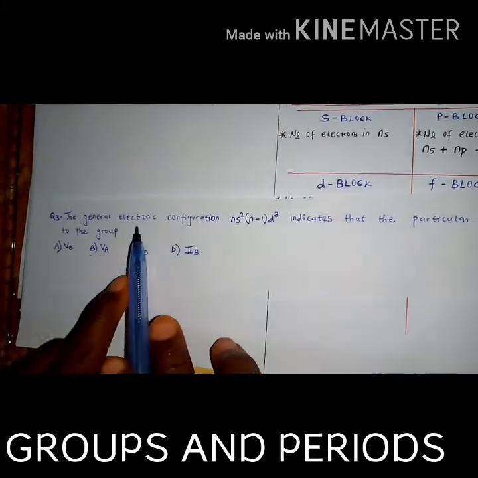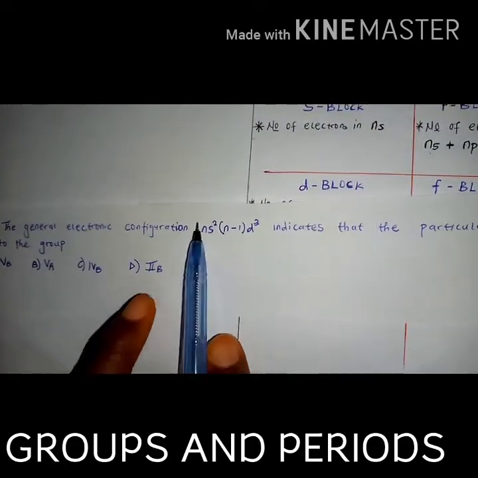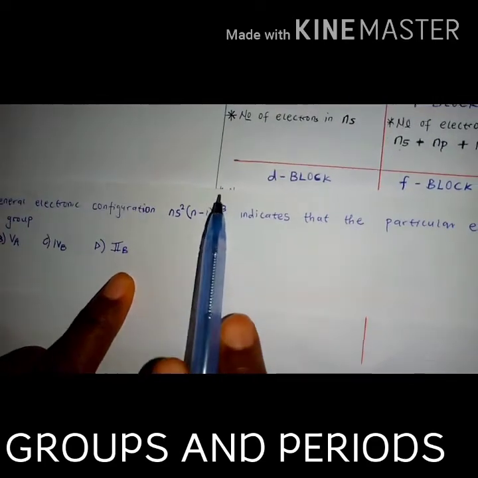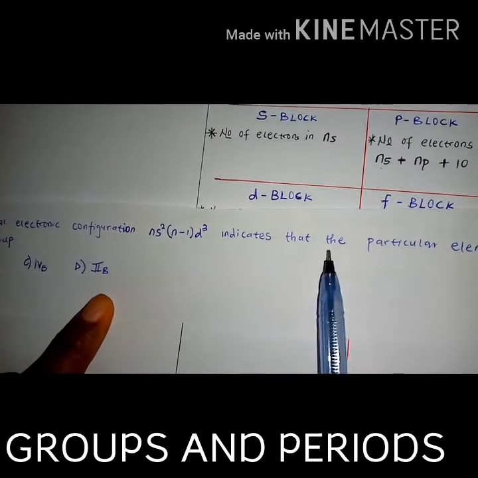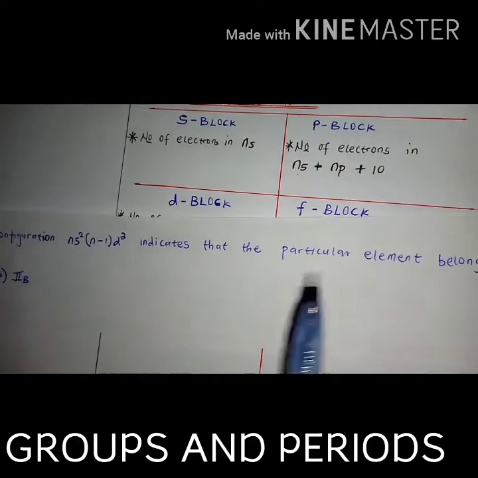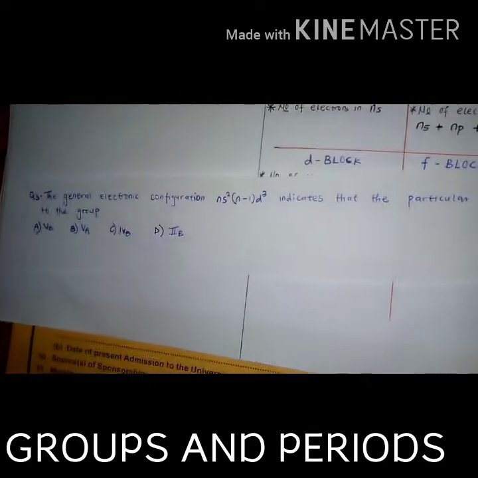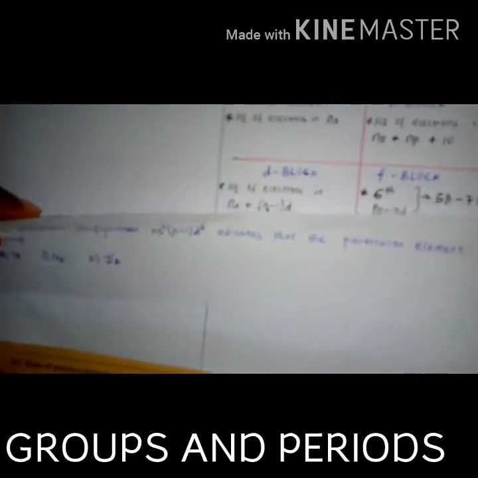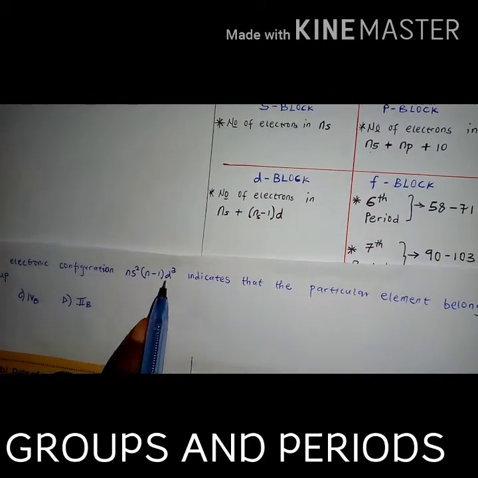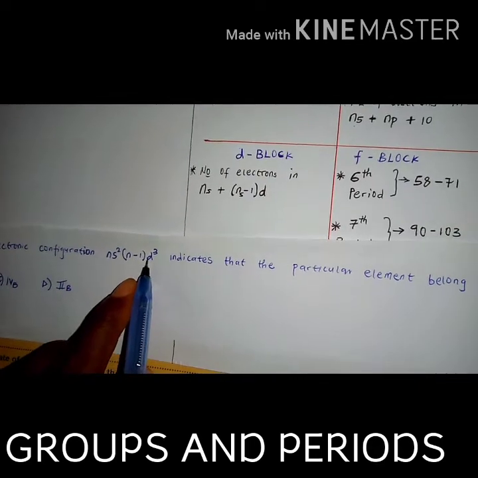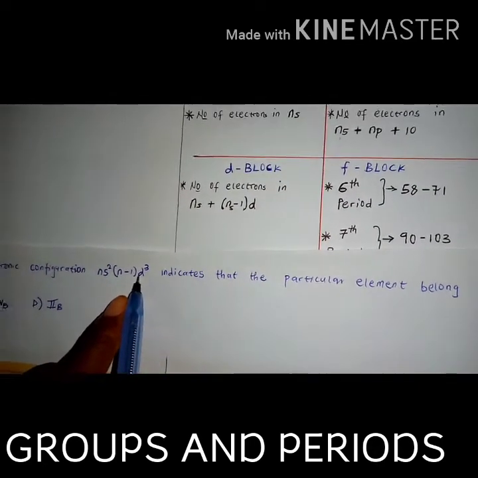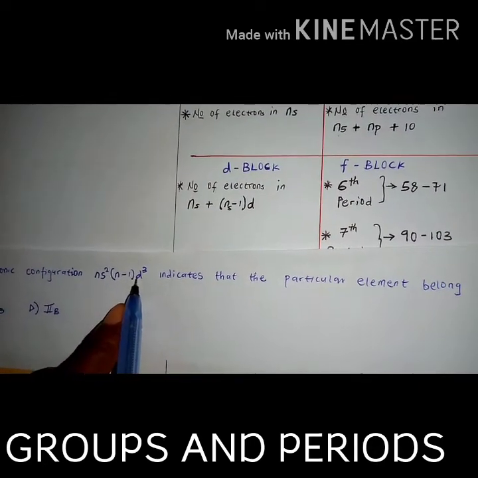The general electronic configuration ns2 (n minus 1)d3 indicates that the particular element belongs to the group. So now we're looking for the group of the element. Now this element falls under which block? The D block. So how do we determine the group of this element?